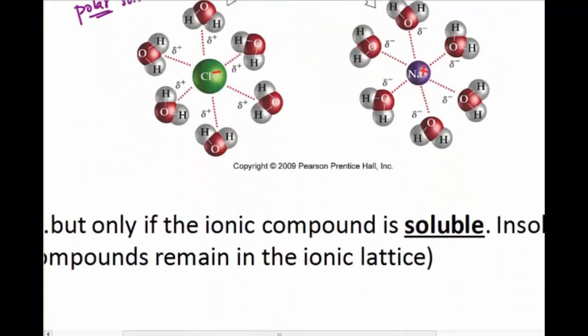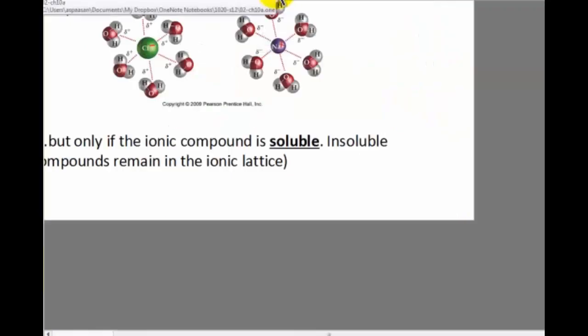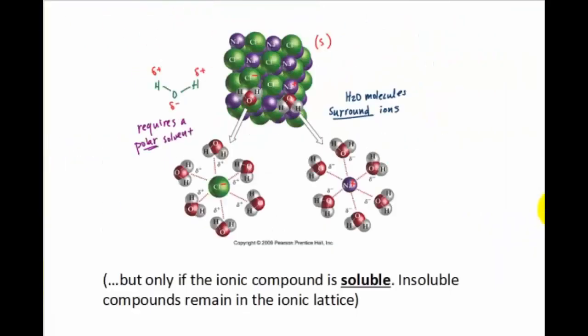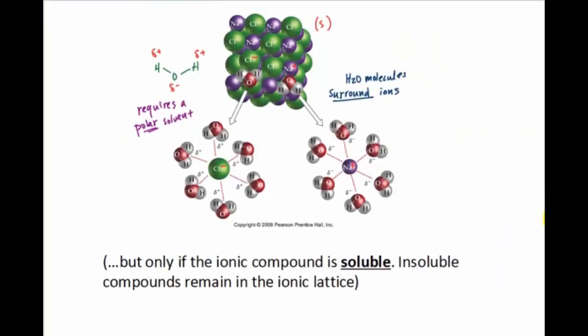But the thing is, that only happens if the ionic compound is soluble. If I write the formula of an insoluble compound like calcium carbonate, that's like chalk dust. If you poured that in water and stirred it up, it would just remain in its solid ionic lattice.